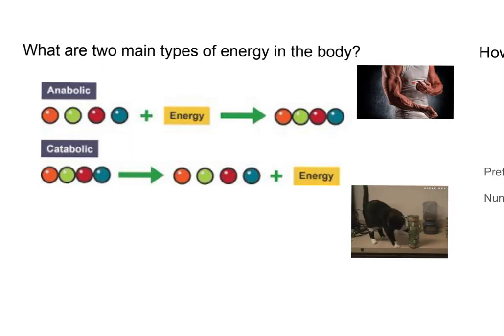So what are the two types of reactions in the body? This should say reactions, not energy. Sorry about that. There are two types, and I have some pictures here to help you remember. The first type is called an anabolic reaction. In that case, you're taking lots of little pieces, let's call them A, B, C, and D, and we add some energy.